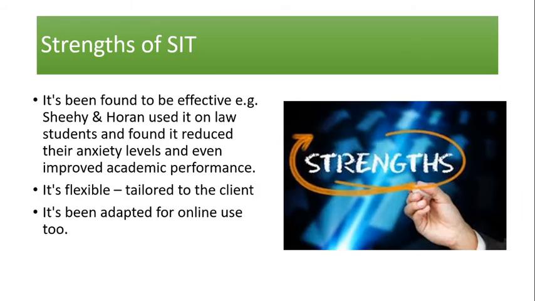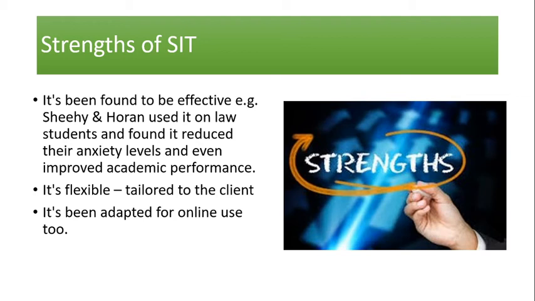And let's look at some strengths and weaknesses. So the strengths, so that there's evidence to show it's effective. So in your textbook on page 85, there's a really nice study outlined by Sheehy and Horan, who took first-year law students and they gave some students stress inoculation therapy and compared it to those who were on the waiting list for it, and found that the stress inoculation therapy was effective and reduced anxiety.